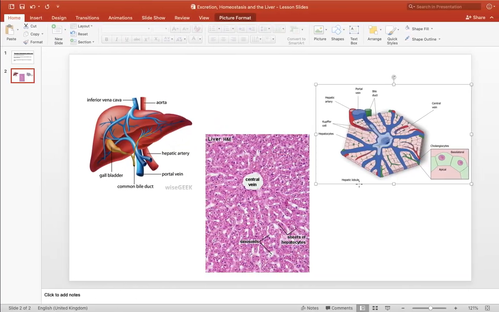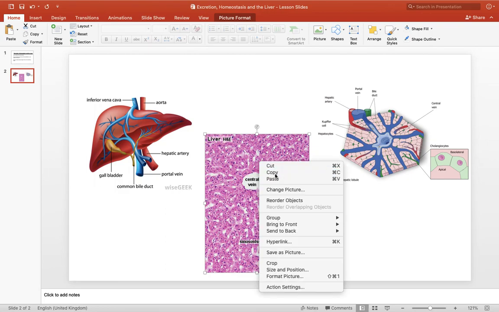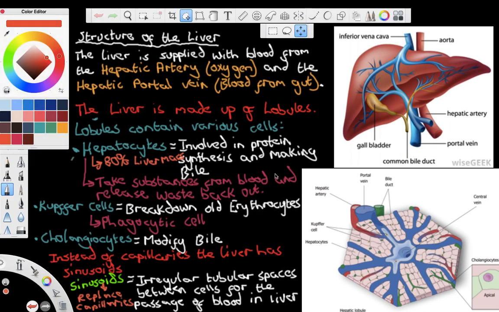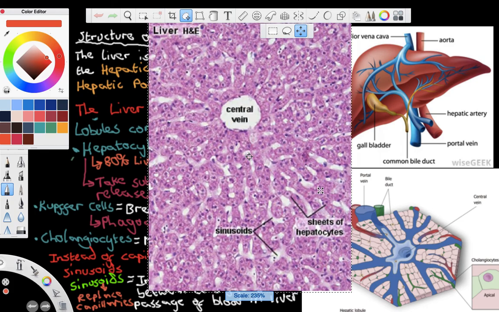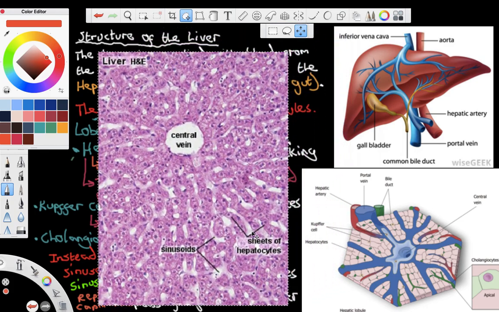Now, in your specification, it asks that you are able to label a photomicrograph of the liver. So essentially what you need to be able to label is that you've got a central vein at the middle of a lobule. This is one lobule.